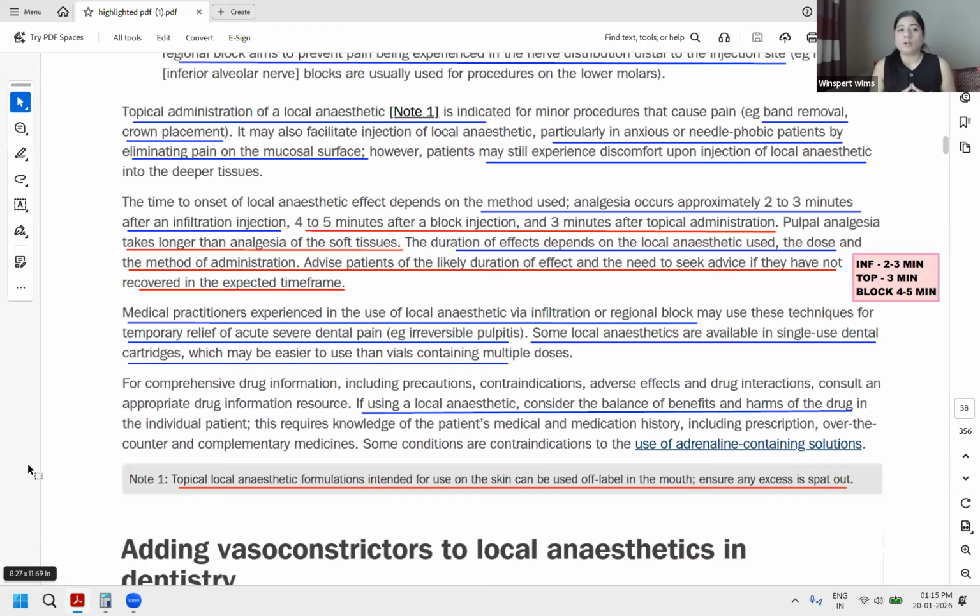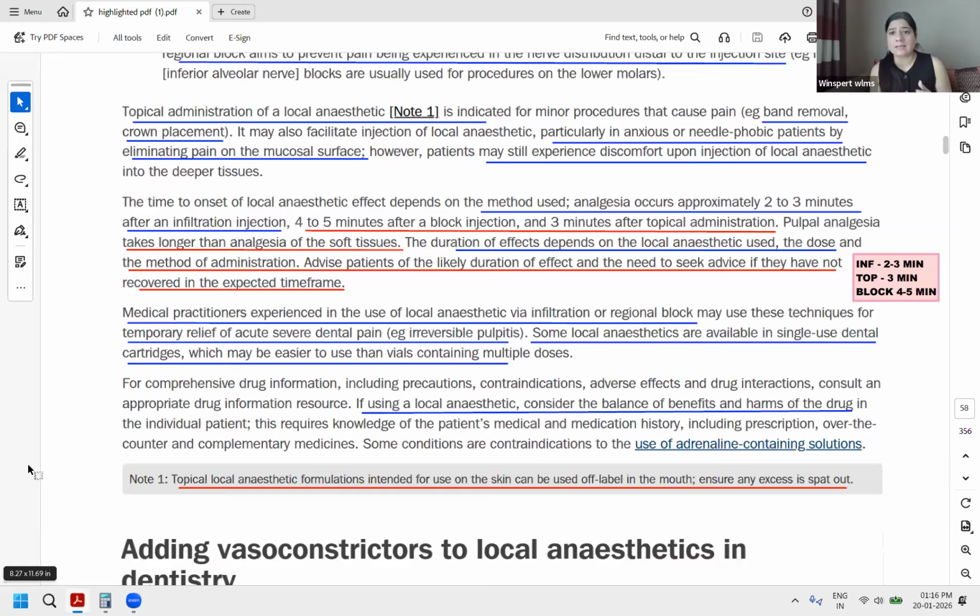Sometimes in dentistry, you will also be using local anesthesia as a topical application, right? Sometimes for minor procedures like band removal and crown placement. Other than that, sometimes in scaling and root planing also, you can use local anesthesia applied topically. Those questions are also coming up in the exam now. The topical use of local anesthesia for scaling and root planing, especially when patients complain of sensitivity while scaling.